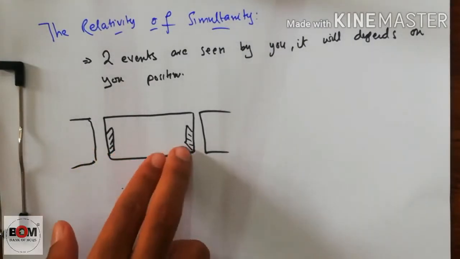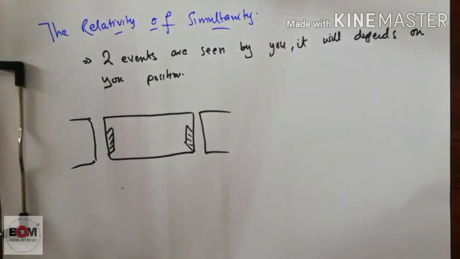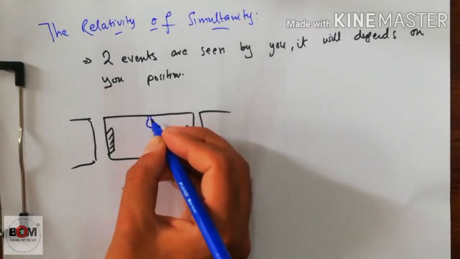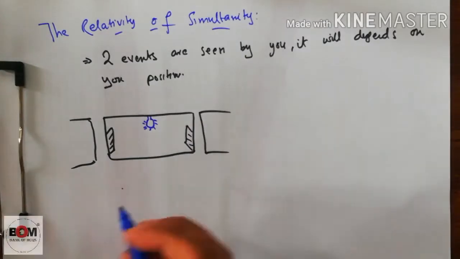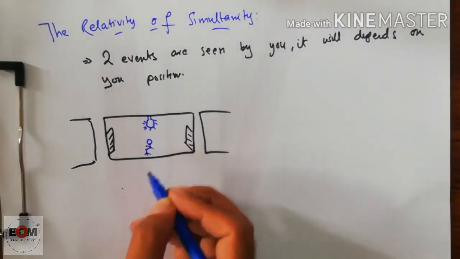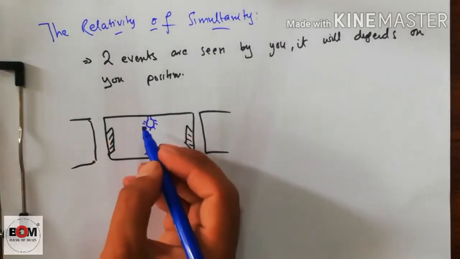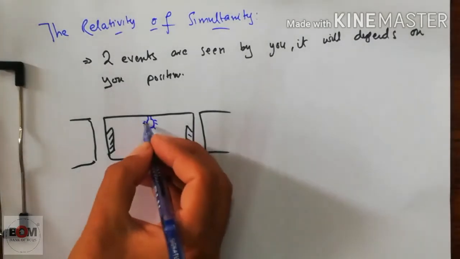By one click, both doors open and close continuously. And in the middle is a bulb. Someone is sitting or standing in this position. If both doors open, the light will go and be reflected from the doors.